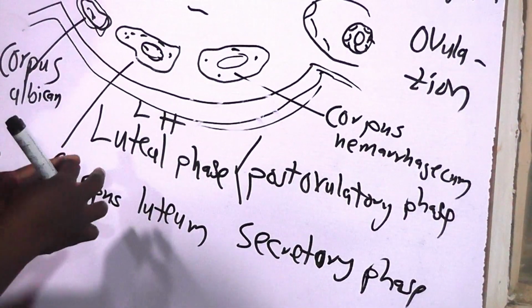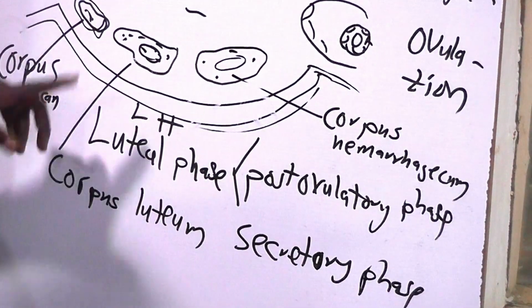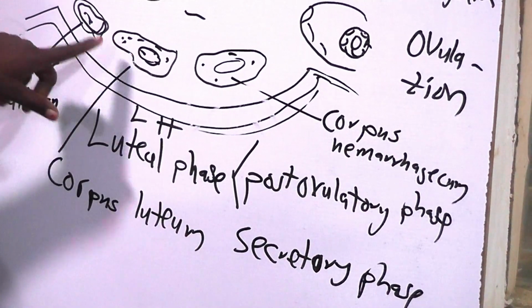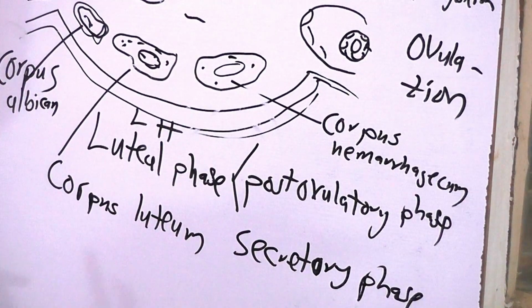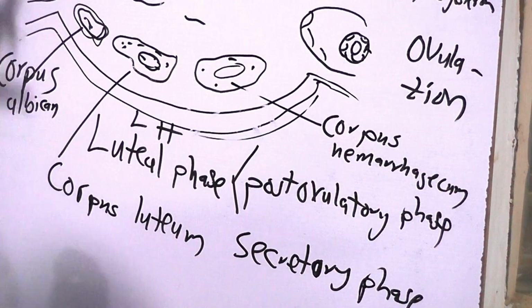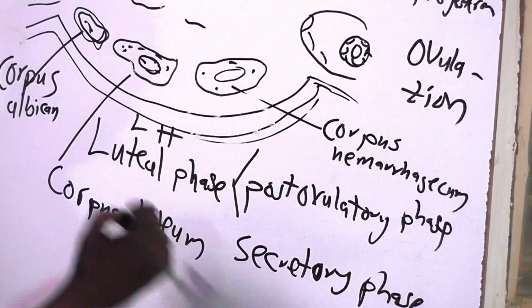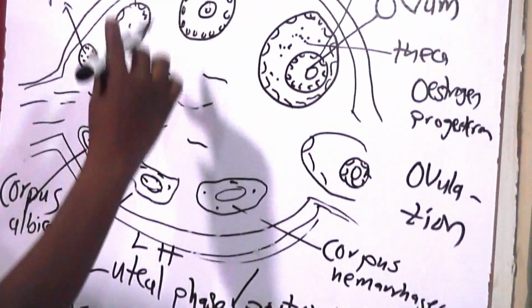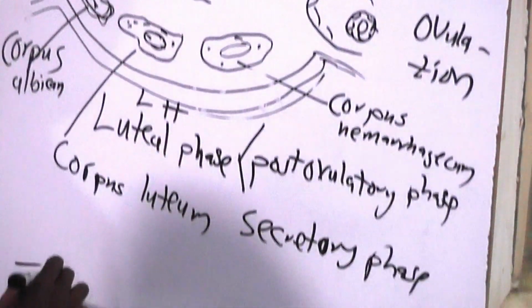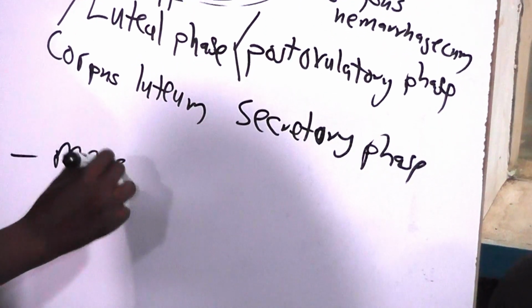So once the progesterone level drops as a result of the degeneration of the corpus luteum, a message will be sent to the hypothalamus, and before the proliferative phase, a phase known as the menstrual phase will occur.